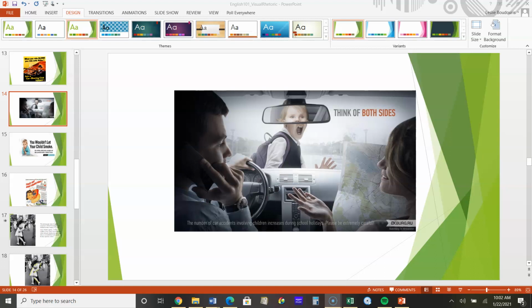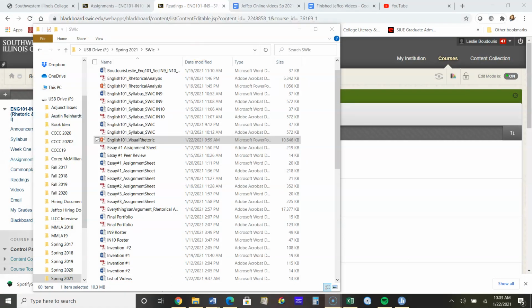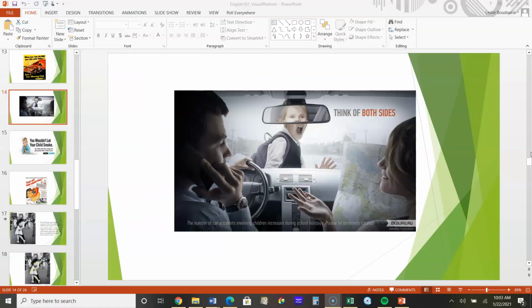For a parent, it's more specific because you have the rear view mirror with their own child in the back seat, and you can see their eyes. It's covering the eyes of the child in front of them that they're about to hit. So it's trying to persuade the parents to think about, well, what if it was my kid? That's kind of the purpose.